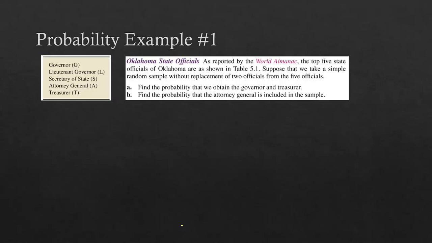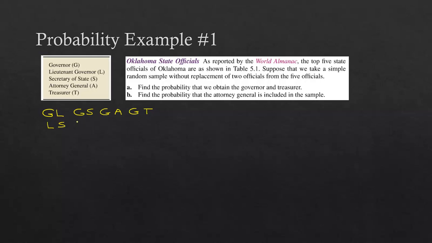So how many different outcomes can we have? That's the first question you need to ask yourself. Well, since I'm selecting 2, I can have a GL, a GS, a GA, a GT. I can also have a LS because LG would be repeated, remember.